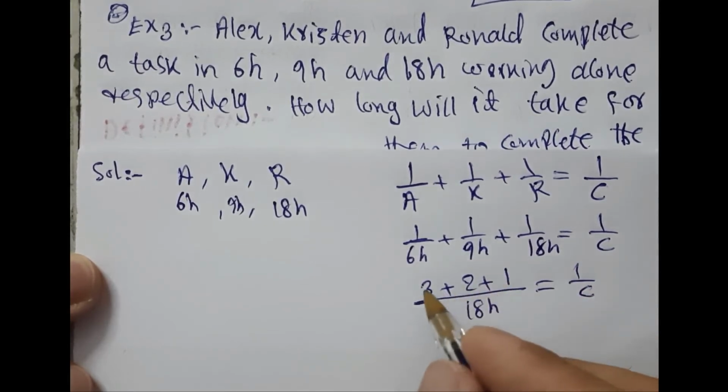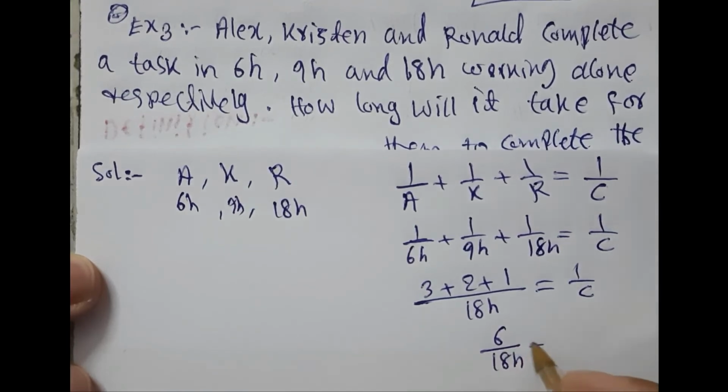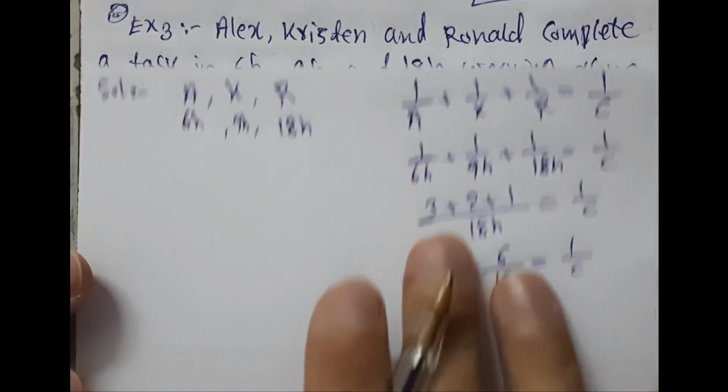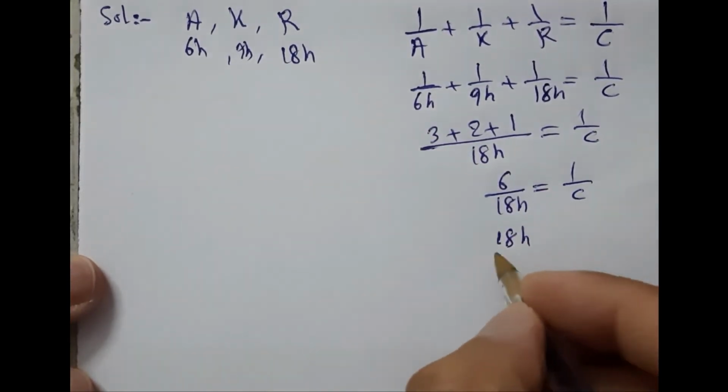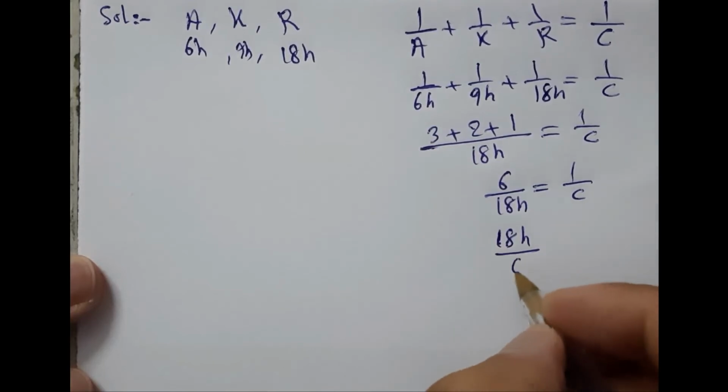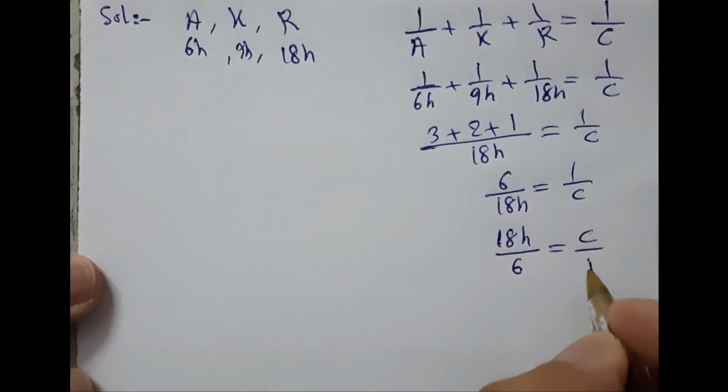If we find the sum of these three numbers, it will be 6 by 18 hours. It is equal to 1 by C. We can write 18 hours divided by 6 is equal to 3.